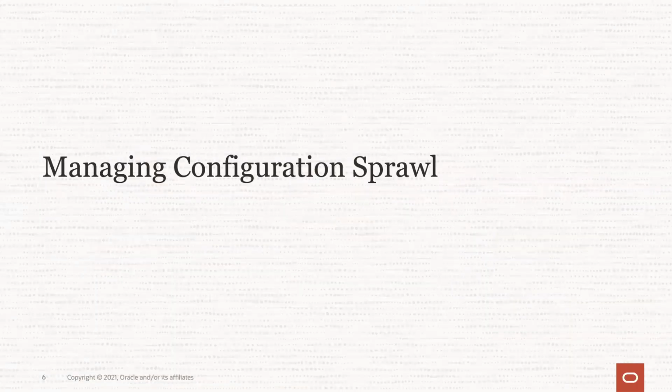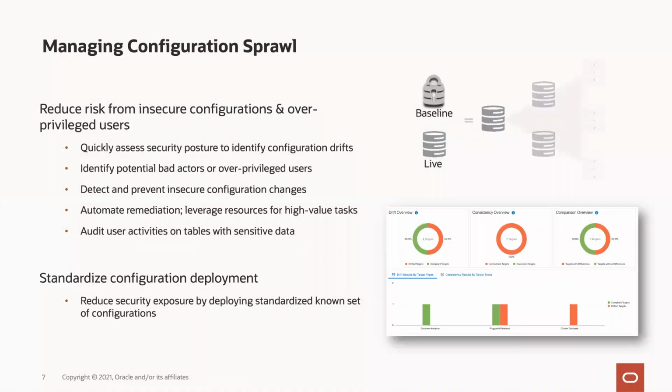Let's begin with ways to standardize on configuration. Talking about configuration sprawl, in Enterprise Manager there is a one-stop place for all configuration management, setup, and operations. After you have identified a well-known number of configurations, you can monitor all relevant targets to be compliant with each of these reference targets.